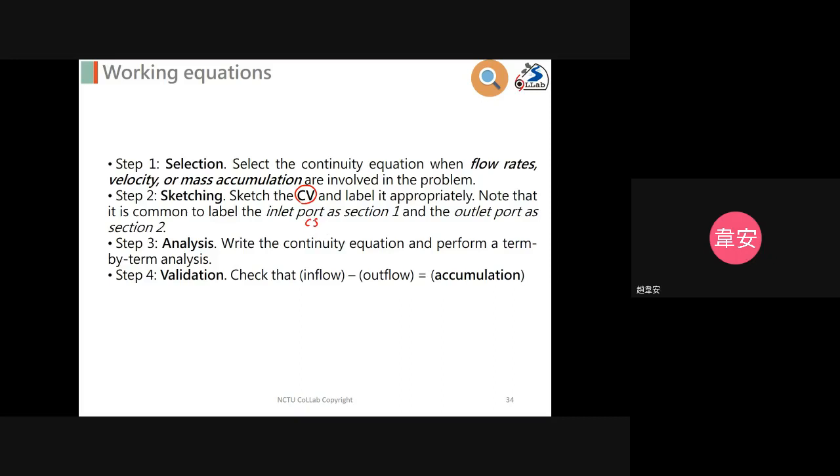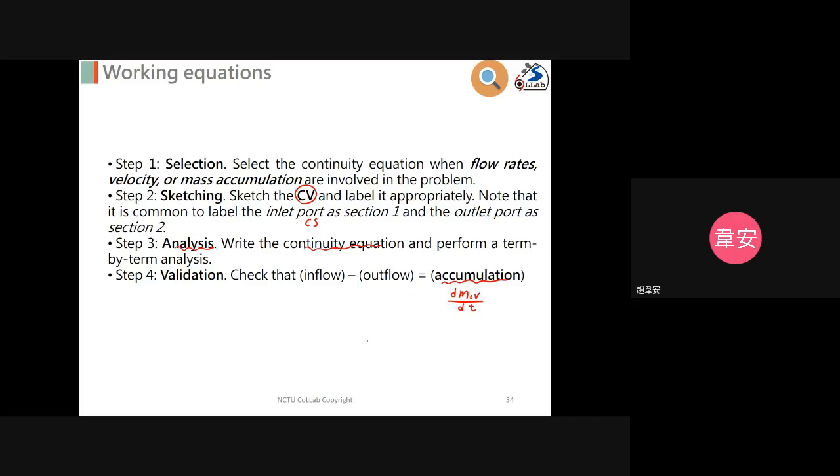The control surface is the boundary of the control volume. And then you do the analysis based on the continuity equation. And we call that accumulation.